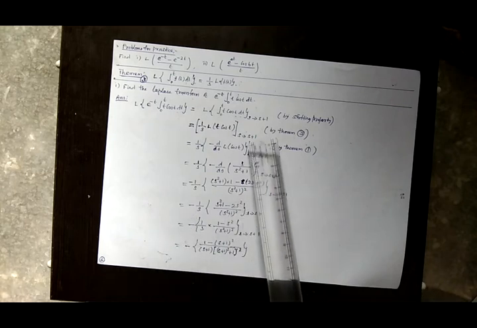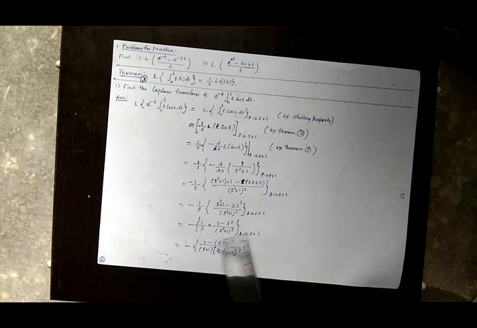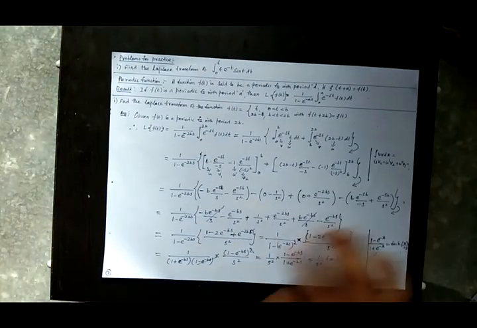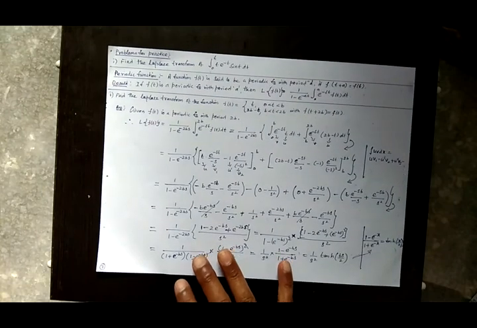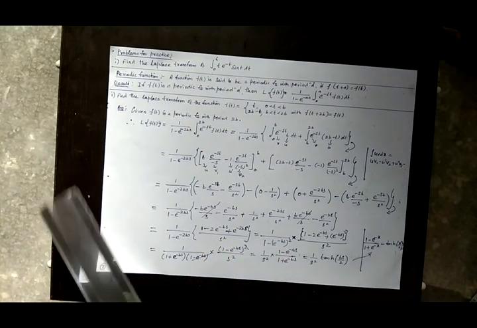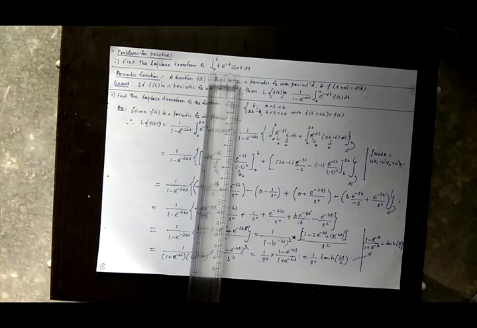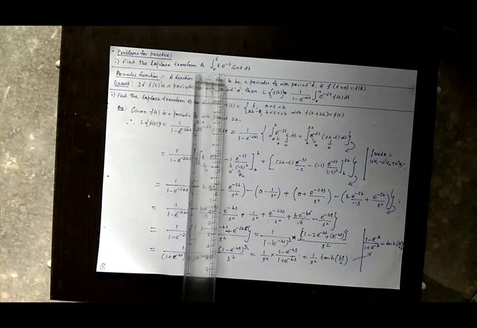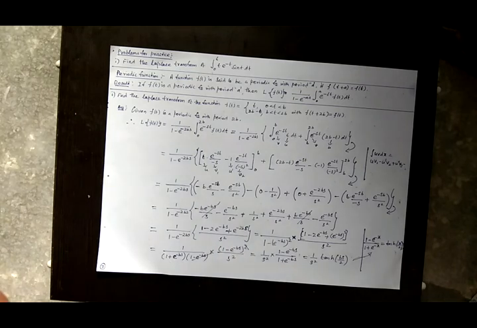So ultimately you have to replace s by s plus 1. Wherever s comes, you just replace it with s plus 1, and you get the final answer. So using the above theorem, you can solve this problem. You can find the Laplace transform of integral 0 to t of e power minus t sin t dt.